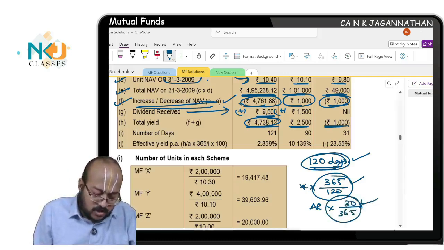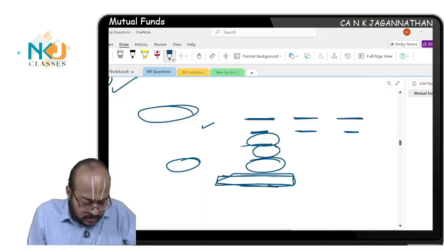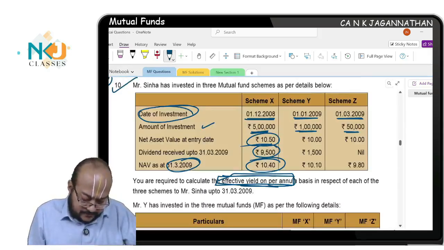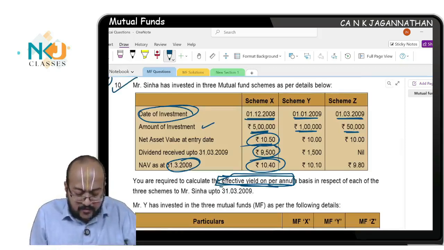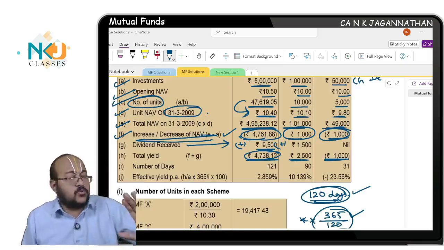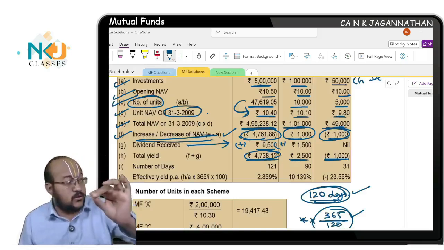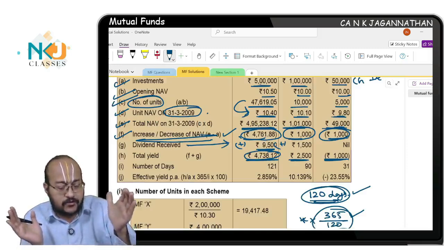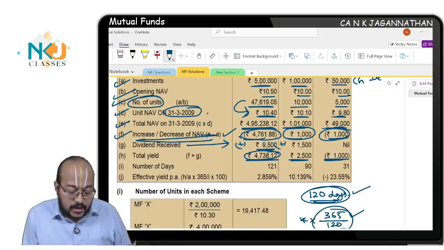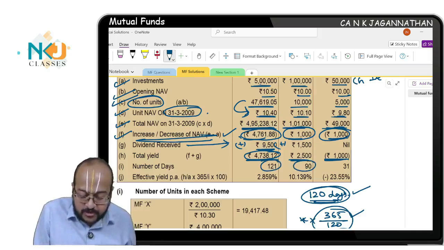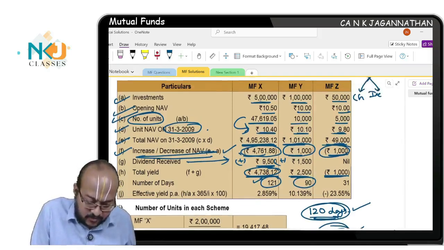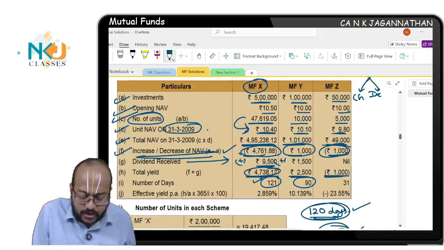Same way here also. What is given in the question? Anyway, effective yield per annum basis I need to compute. So first I will compute the return for the respective days. This is the yield for respective days, which means this mutual fund X I am holding for 121 days.